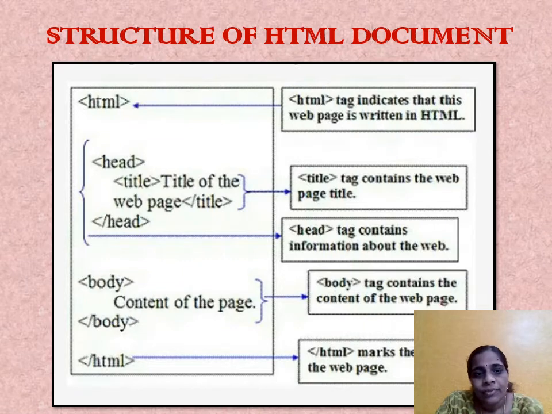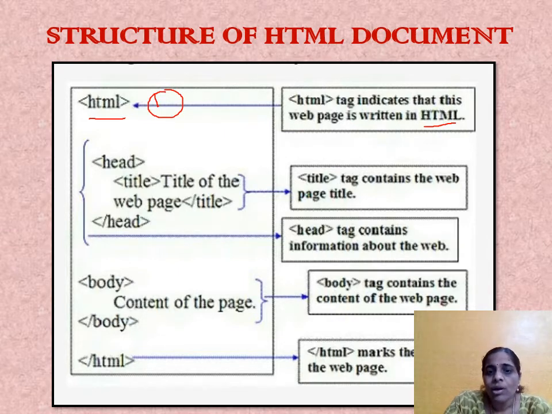See, this HTML tag indicates that this web page is written in HTML. So this is the first step you are going to do. Then the second one, head. What do you mean by this title, children? As I told you, the title tag contains the web page title, that is the heading. And what does head contain?